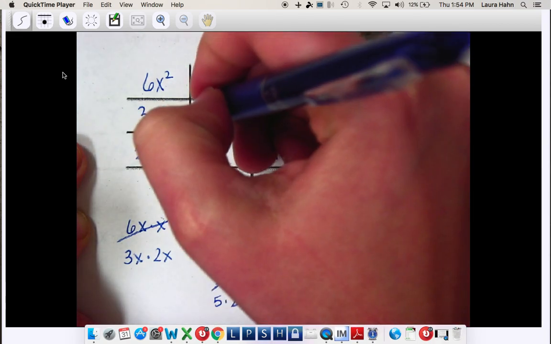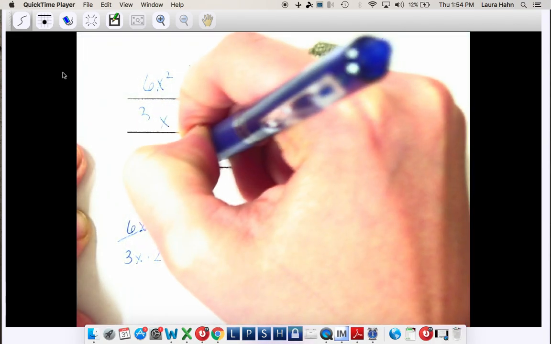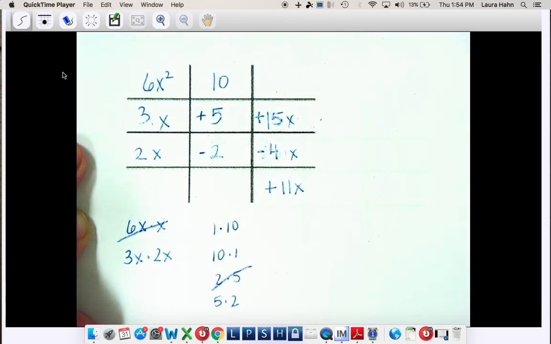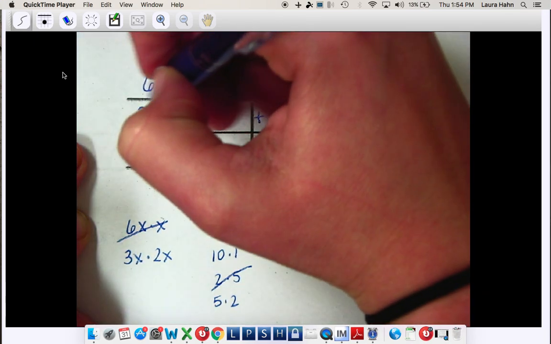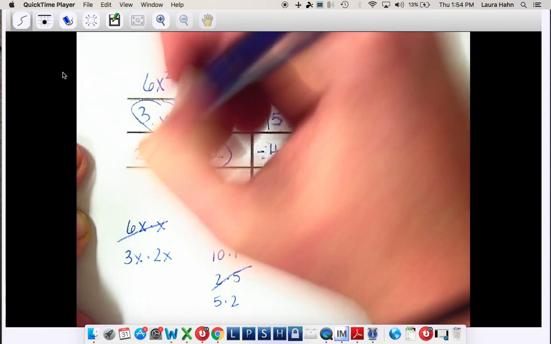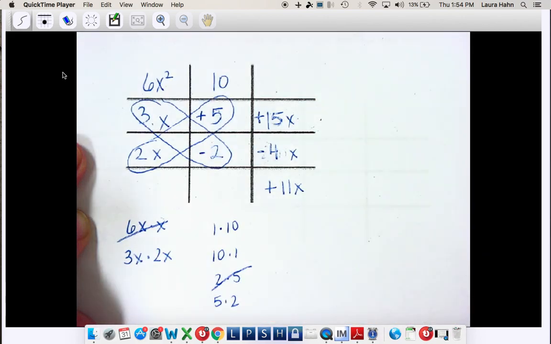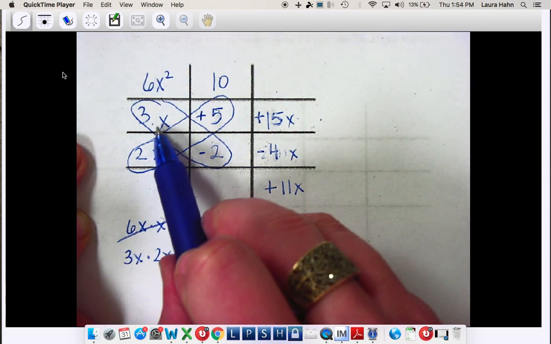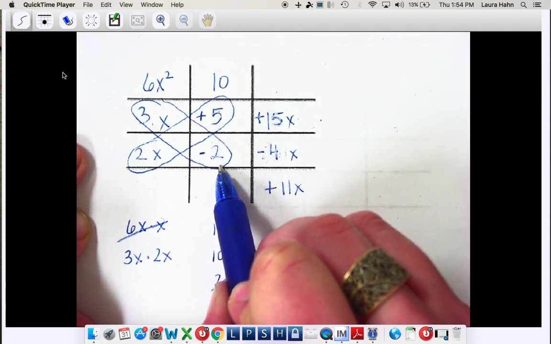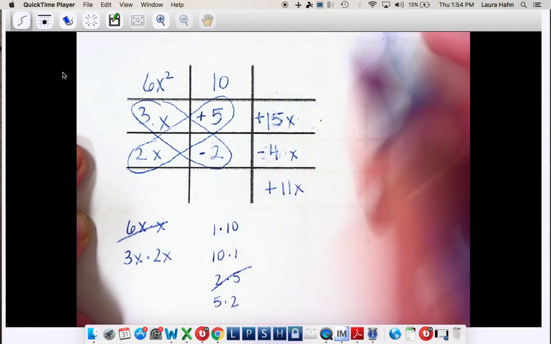So I know my plus sign goes here, my minus sign goes here. I do my little butterfly thing to find my factors. Alright, so I know it's 3x minus 2, times 2x plus 5.